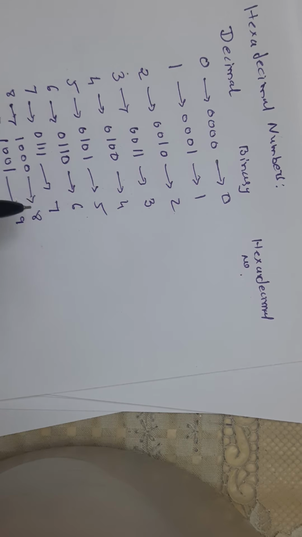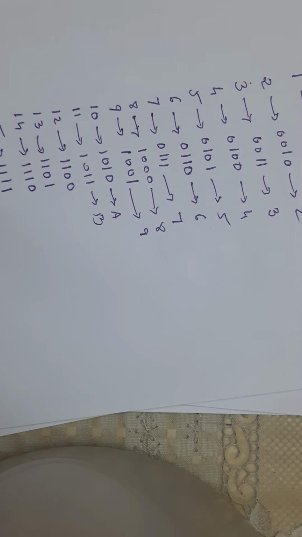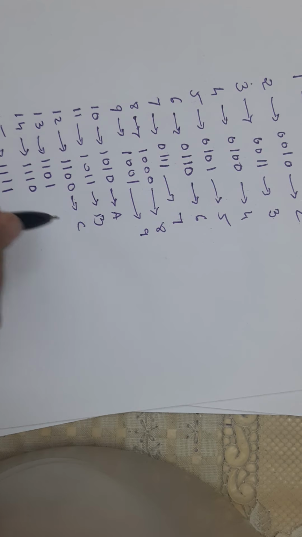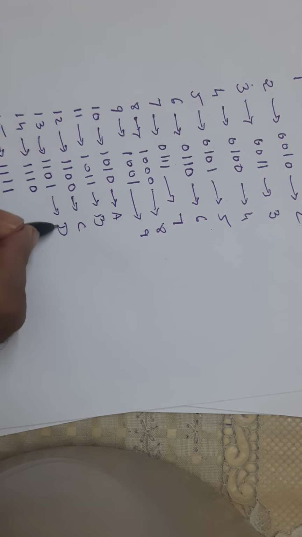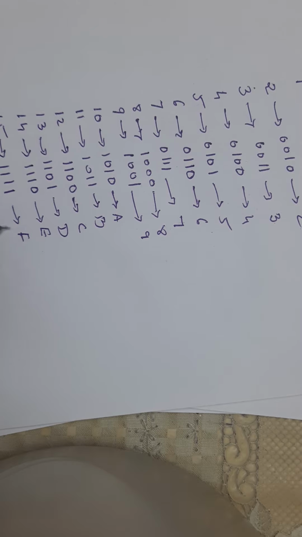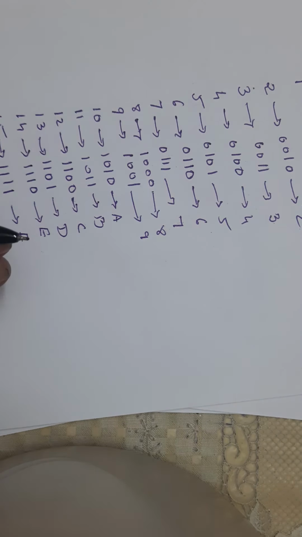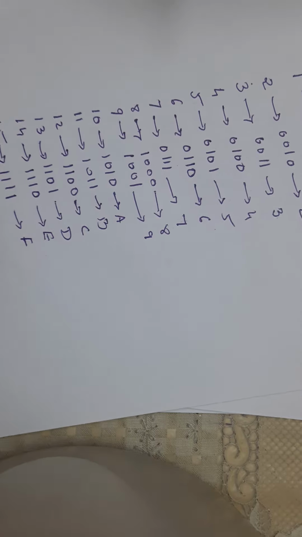Then it is converted into A, B, C, D, E and F. So you remember this table. Now we convert the hexadecimal number into the other number systems.